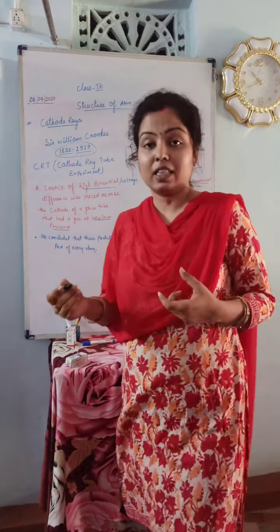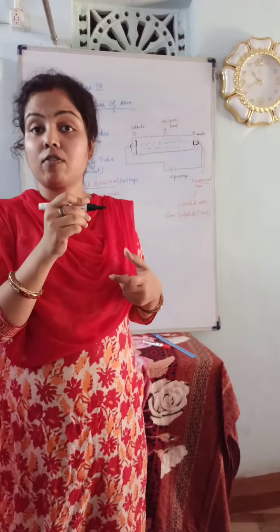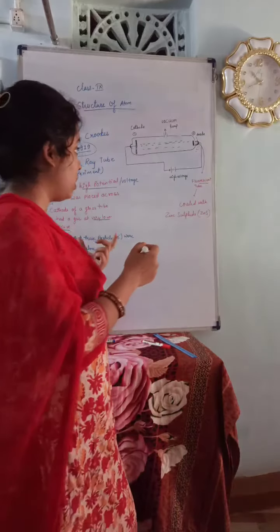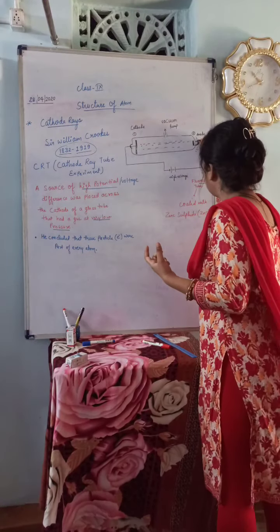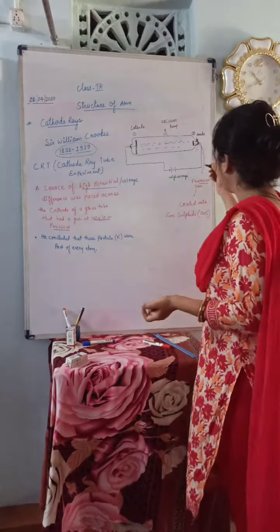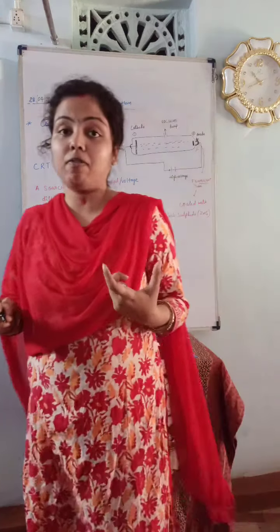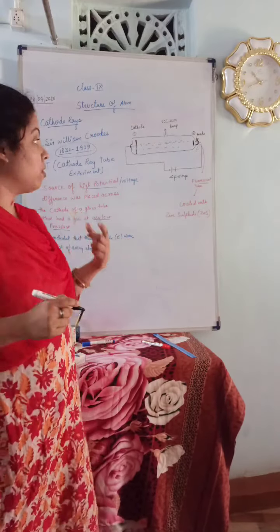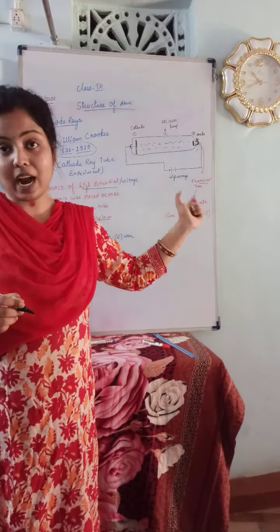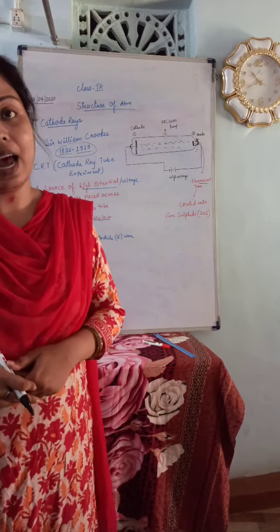As soon as this stream of particles strikes the fluorescent material, a spot is formed and that surface glows. Seeing this, he concluded that a stream of particles was coming from the cathode to the anode, and a current is moving from the cathode towards the anode.